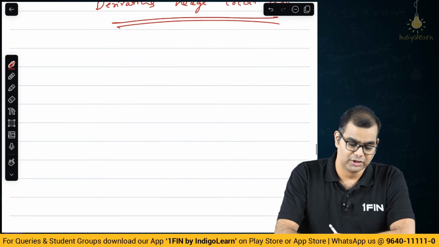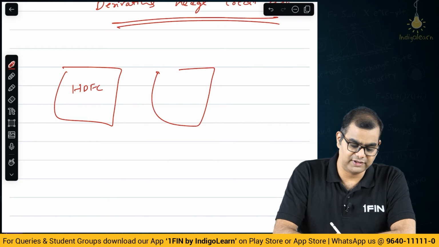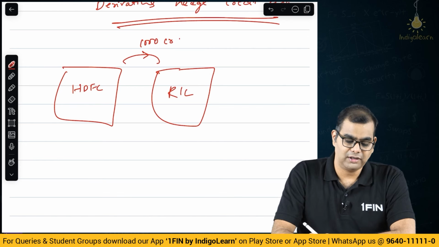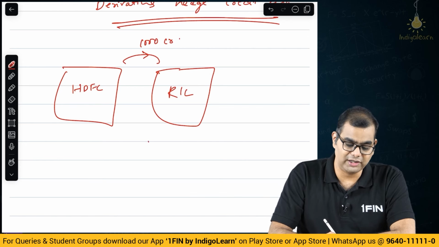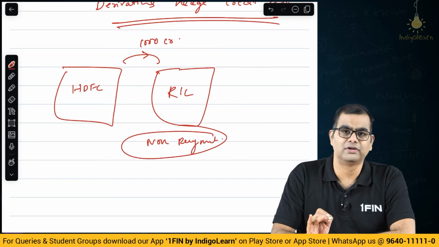Just imagine you are my favorite bank, which is HDFC. You have lent money to RIL, let's say 1000 crores. Now, you are exposed to the risk of non-repayment. RIL does not repay your money.